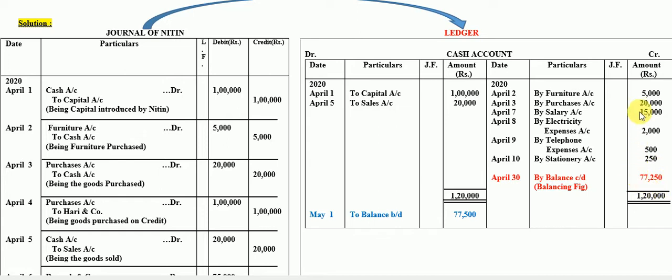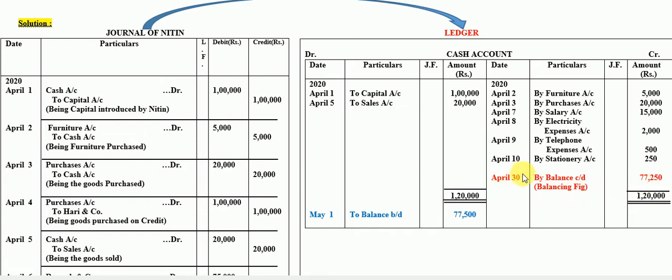That means the sum total of these all 6 items is 42,750 and the total is 1,20,000. So we'll deduct this 42,750 from the 1,20,000. The balancing figure will be 77,250. Got it?